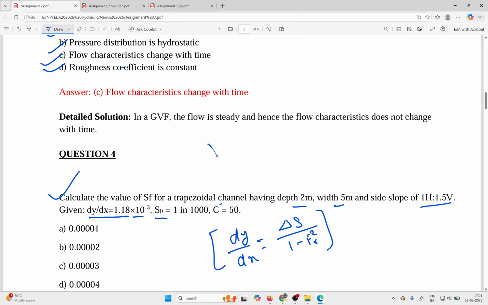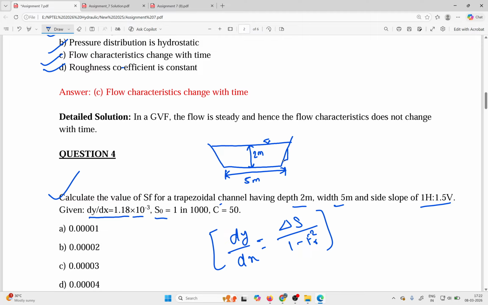So let me draw it. This is your trapezoidal channel. Remember, the depth of flow is 2 meter and the bottom width is 5 meter. Slope 1 is to 1.5.